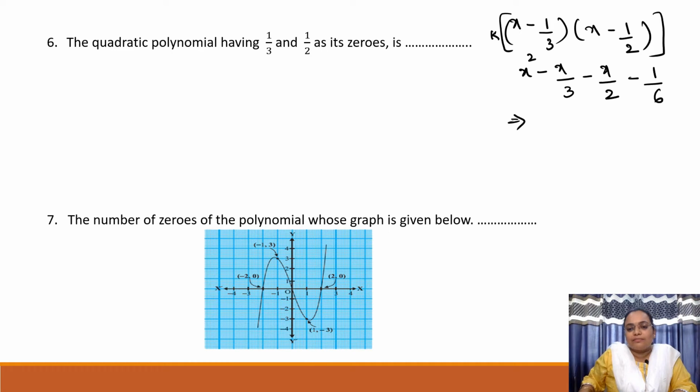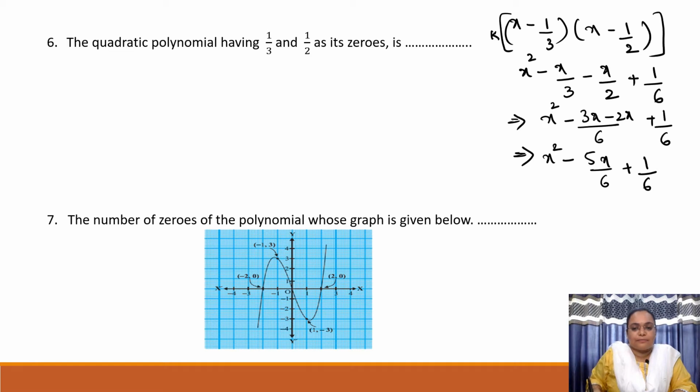If you take LCM, which is 3x minus 2x, minus of minus, this is plus, sorry. So which is x square minus 5x by 6 plus 1 by 6.